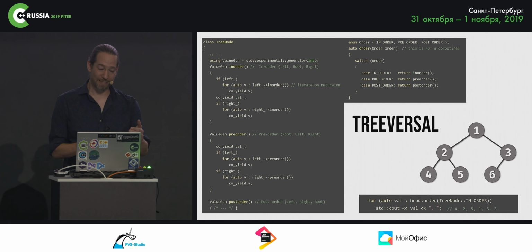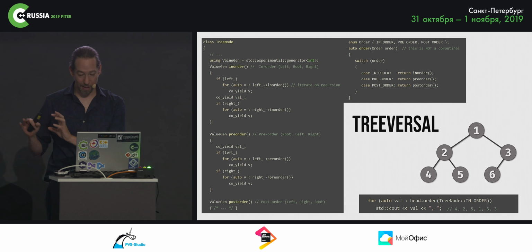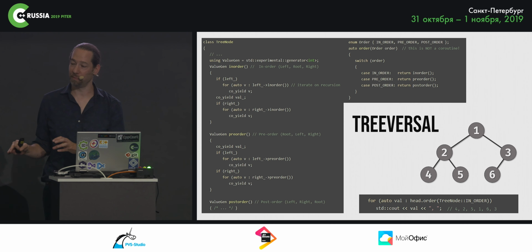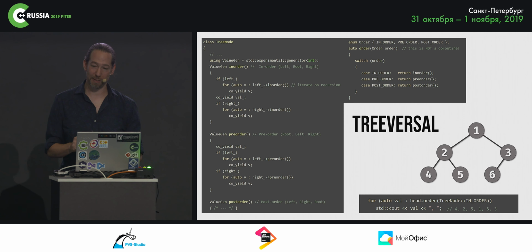But you can see that each of these generators is generated by a different method. So in this case, and this is kind of a side note, we can infer that there's some kind of type erasure going on in the background, because there are three different implementations all returning the same type. If these were lambdas, we would not be able to return a single type of the three lambdas. So this is just a side note.